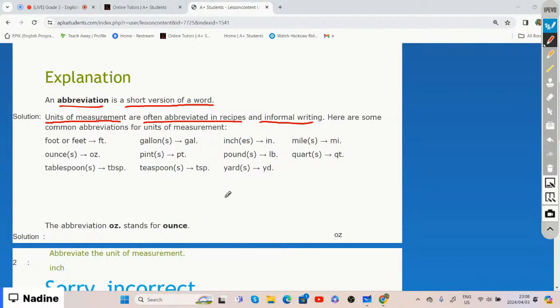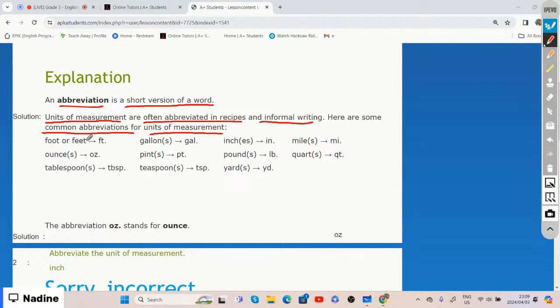If we look at the examples at the bottom, here we have a few common abbreviations of units of measurement. For example, you want to say something is 1 foot, 2 feet or 5 feet tall.